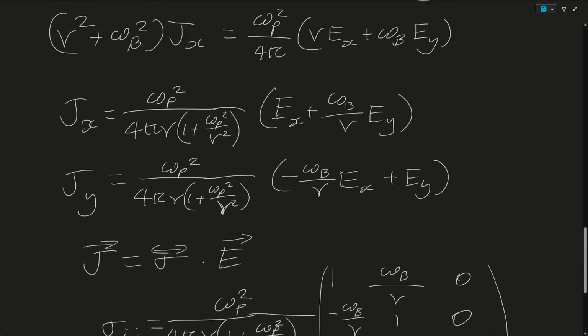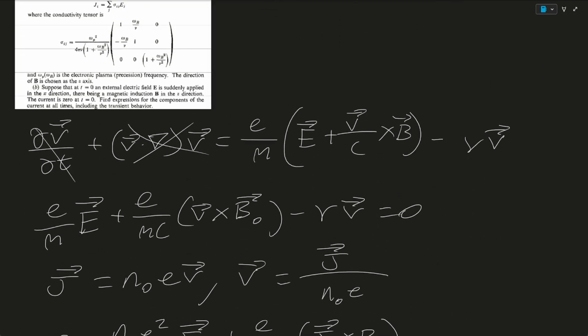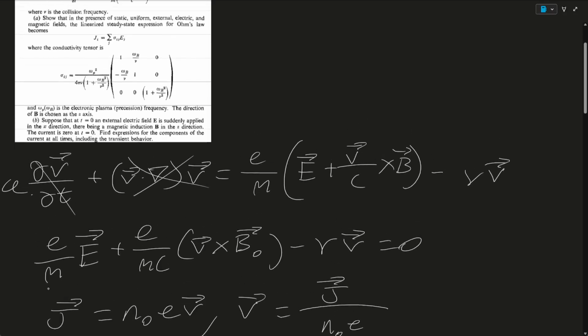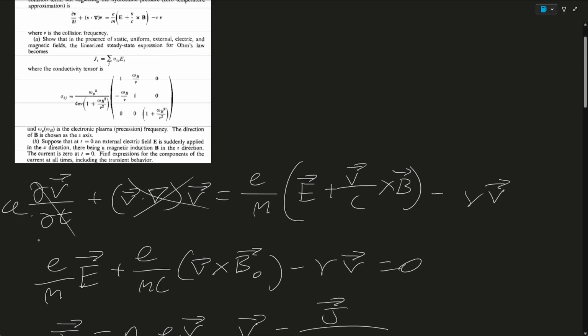Anyway, what does part B say? Suppose that at t equals 0, an external electric field E is suddenly applied in the x direction, there being a magnetic induction B in the z direction. The current is 0 at t equals 0.